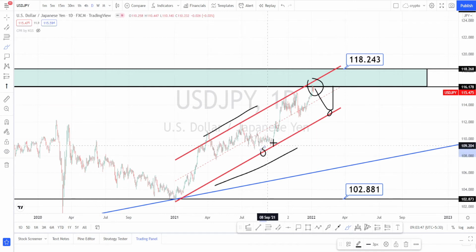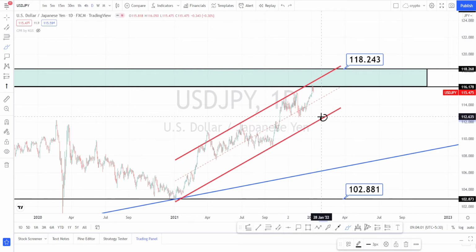It is still in a bullish trend as long as it is trading within this channel pattern. Even if it breaks this support line of the channel pattern, we can expect it to take support on the trend line of the weekly time frame and then bounce back on the bullish trend.